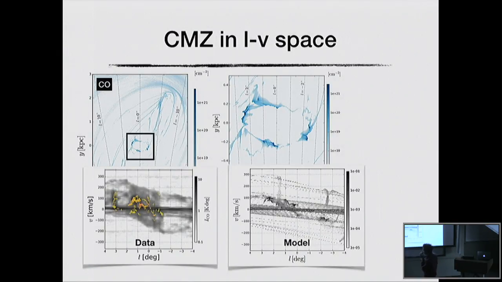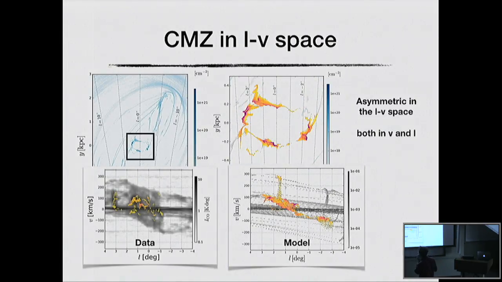And then we compare it to these LV observations. Here I show a synthetic LV plot of the central molecular zone of our simulations. If we highlight only the central molecular zone, we see that the asymmetry is reproduced both in longitude and in velocity.